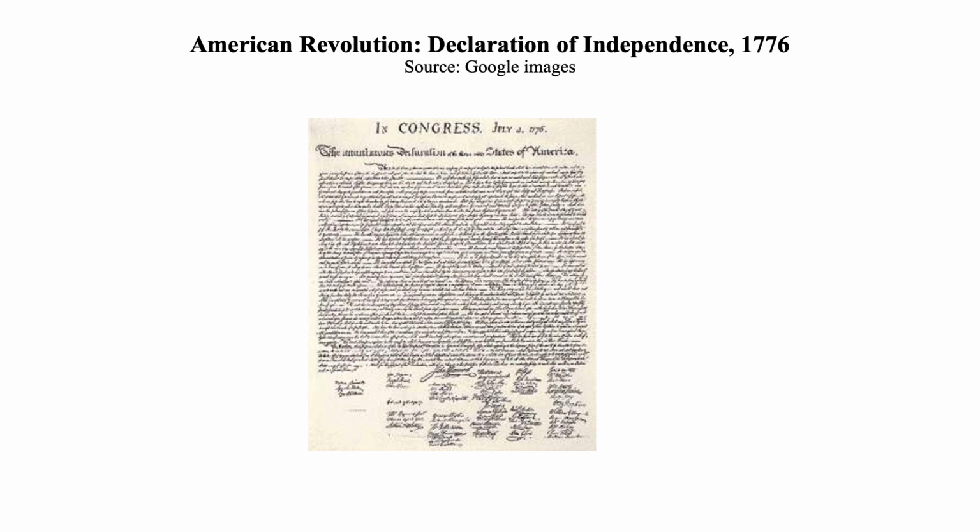And so here we can see the Declaration of Independence signed by the revolutionary leaders. So that was a big achievement in the 18th century, that the revolution was successful in America.